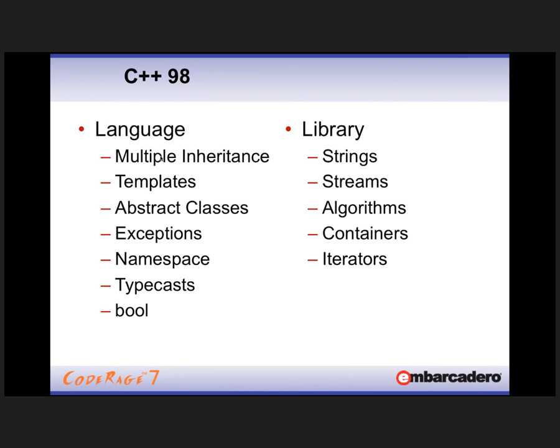A couple other things that were added were string types, as well as streams. And streams were a mechanism to insert and extract information. So this was one way, for example, that console I/O was done, as well as file I/O. You used a couple operators called the stream insertion and extraction operators.